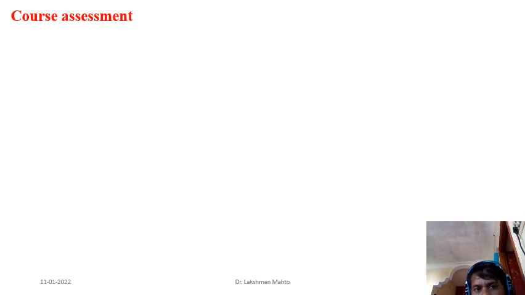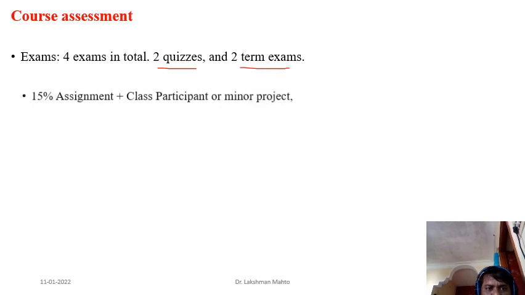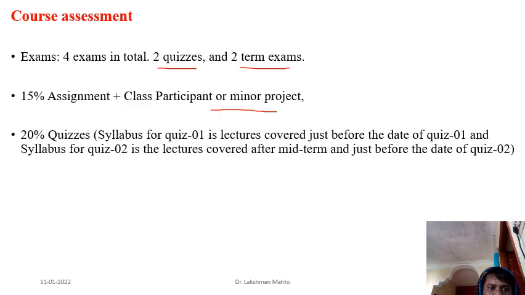Course assessment. Again, the same pattern that I have already used, I will use in this course as well. There would be 4 exams in total: 2 quizzes and 2 term exams, one midterm and another end term, apart from assignments and other things. The marks distribution is this way: 15% will be from assignments, class participation or minor project, something like that. 20% will be dedicated to quizzes.